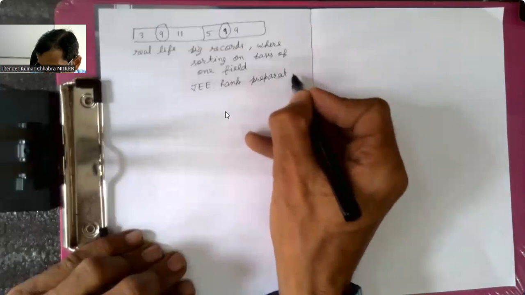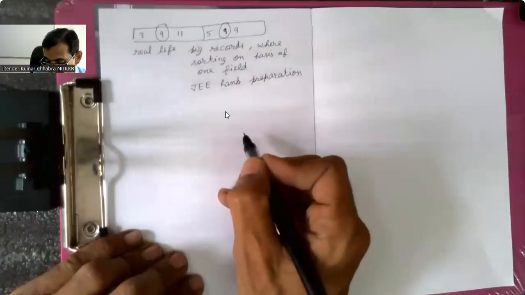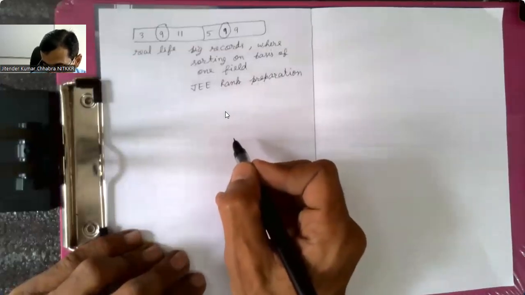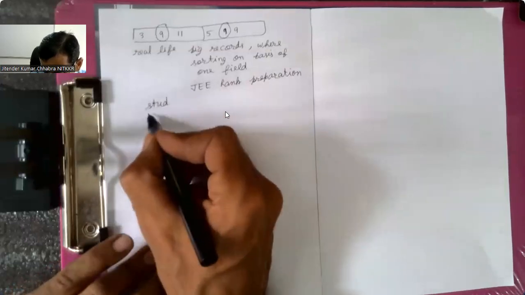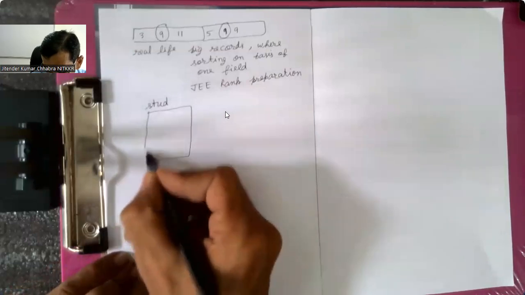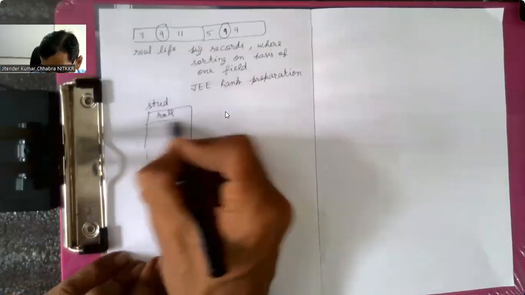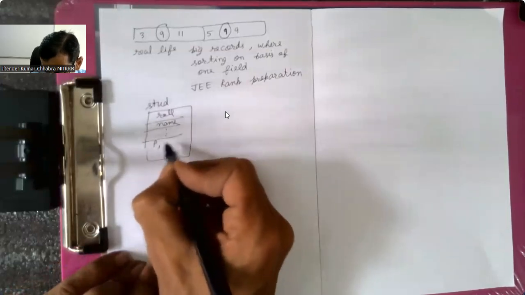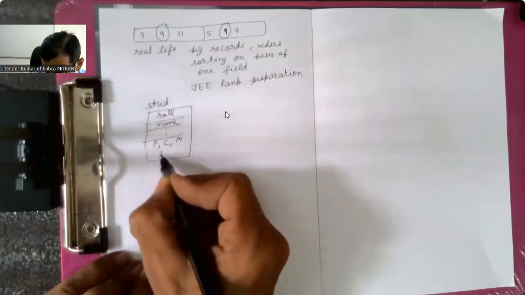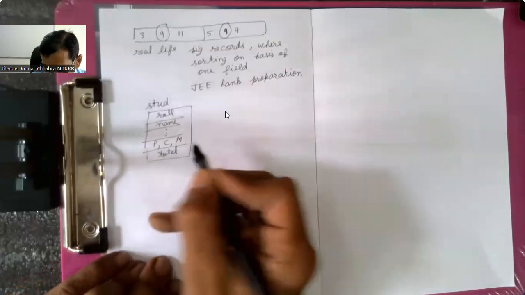Now, in JEE rank preparation, your JEE marks matter. So, in reality, each student record will exist, which will have roll number, name, address, etc., physics marks, chemistry marks, math marks, total marks of JEE.